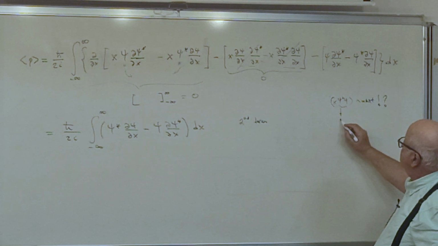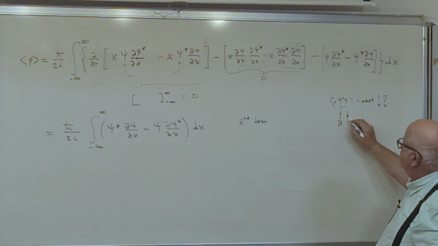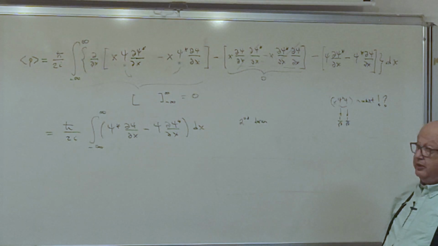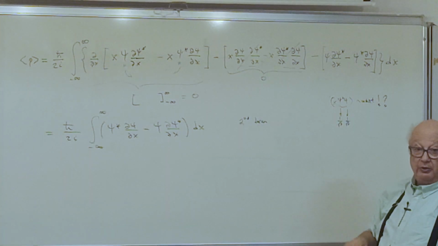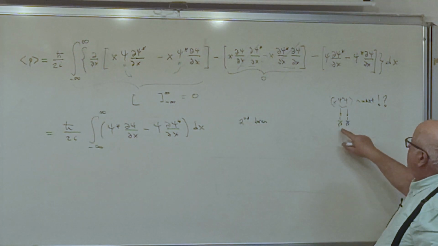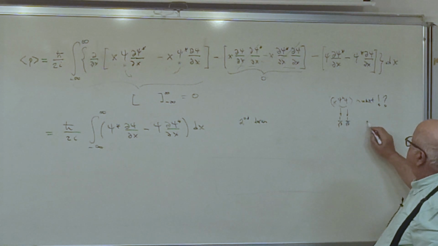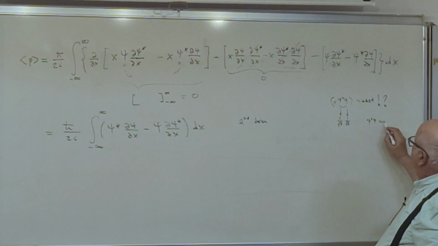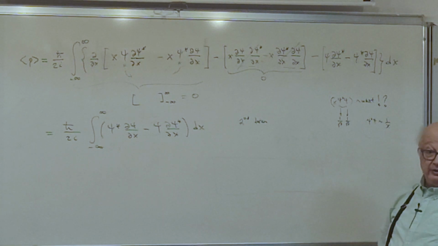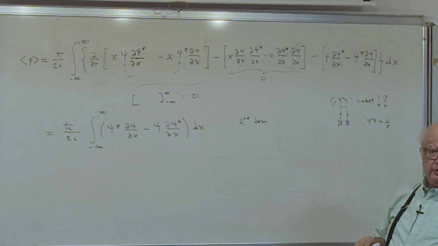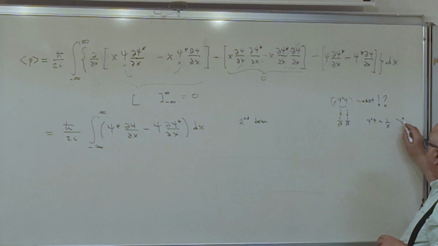If psi would go down like 1 over square root of x, then of course psi star and psi would both go down like 1 over square root of x. Then it would be constant and I would worry about it. But then psi star psi would go down like 1 over x, and that diverges, so that cannot be normalized.